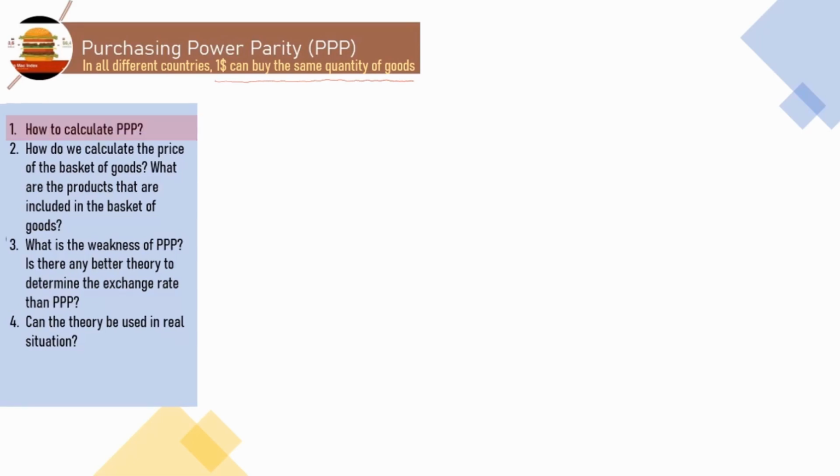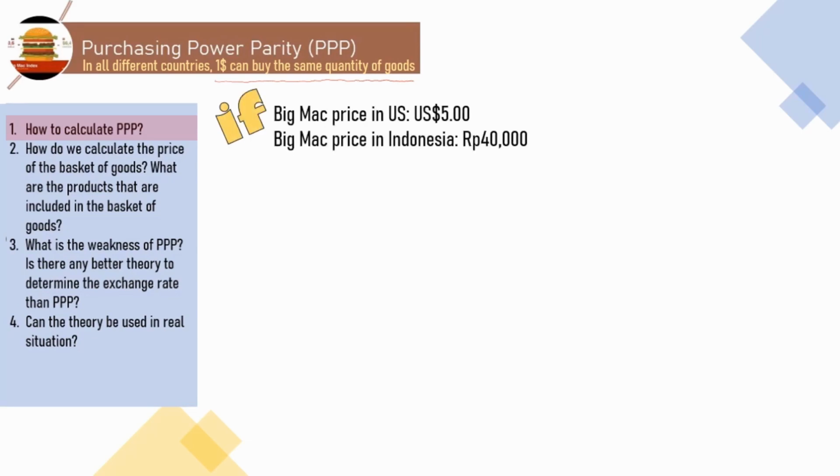Okay, let's see the illustration. To simplify the calculation, again we're treating the US as our domestic economy and Indonesia as the foreign economy. Suppose we have prices of Big Mac in the US and in Indonesia like this. Then with $10, we can buy 2 units of Big Mac in the US by this calculation.